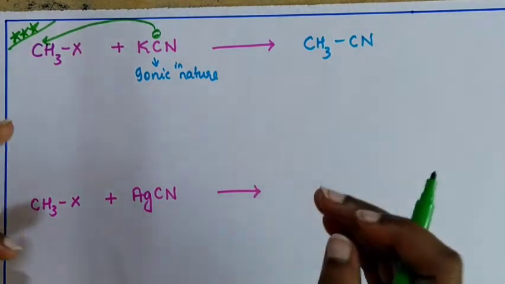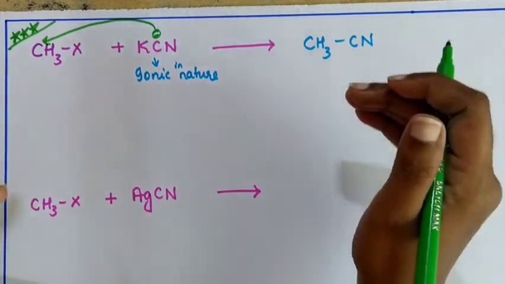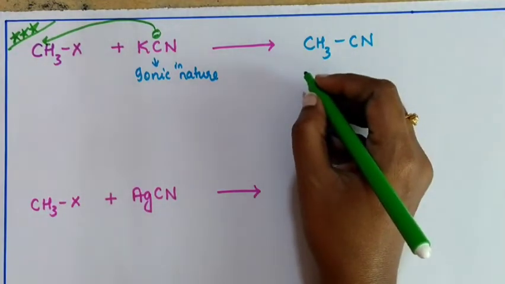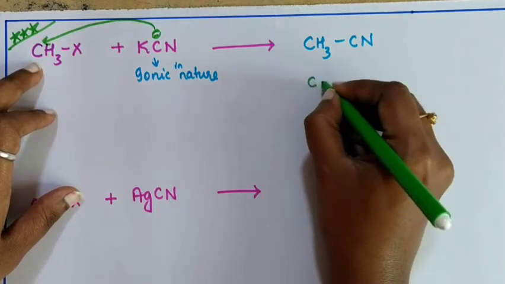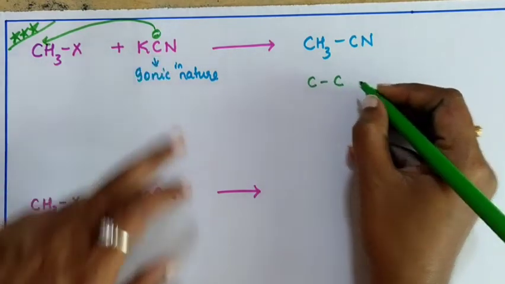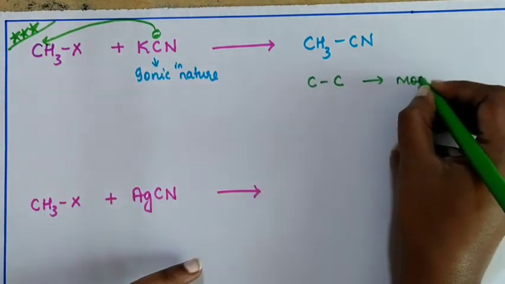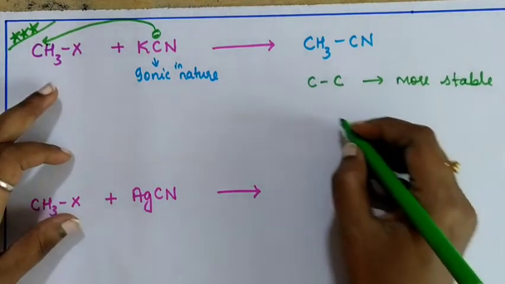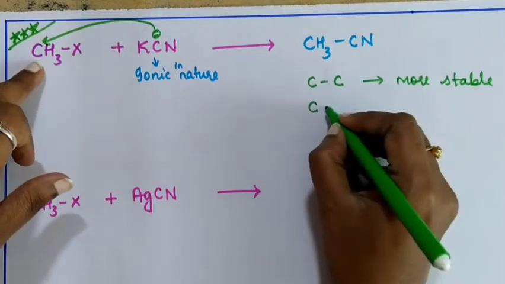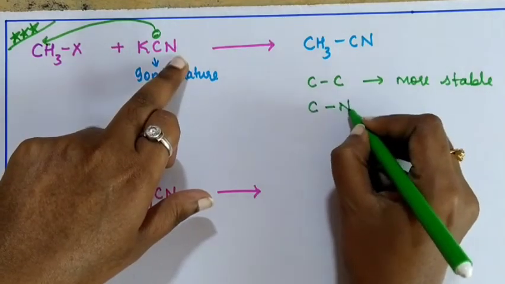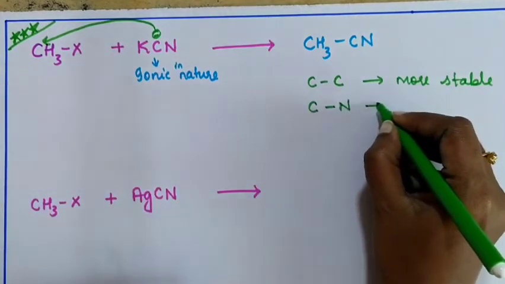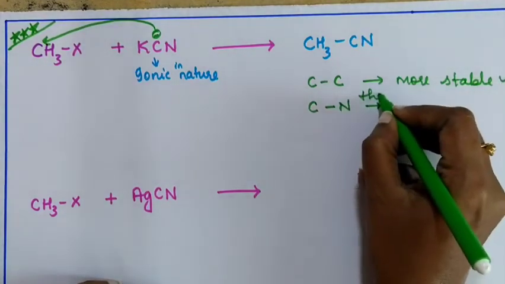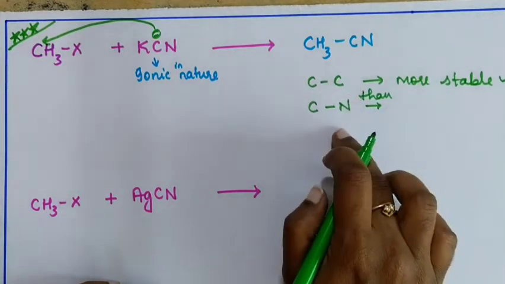There is a reason why it is going to form CH3CN, why not CH3NC? The reason is, the bond between this carbon and the carbon of cyanide is going to be more stable than the bond between carbon and nitrogen. The C-C bond is more stable than the C-N bond.